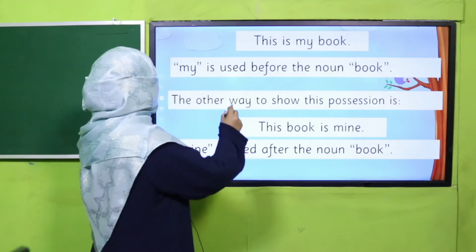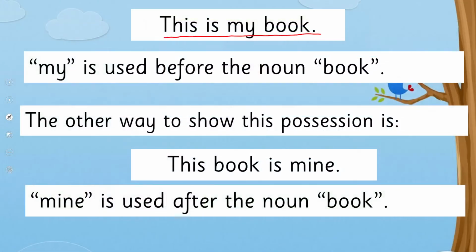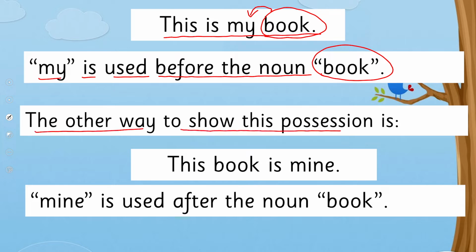And this is my book. My is used before the noun book. Book is a noun. So when we use a possession word, we write it before the noun. The other way to show this possession is, this book is mine.